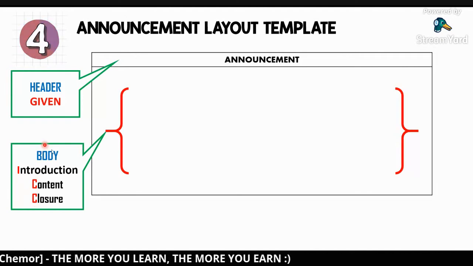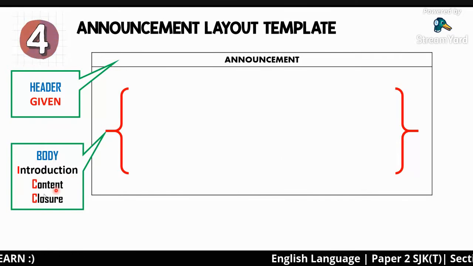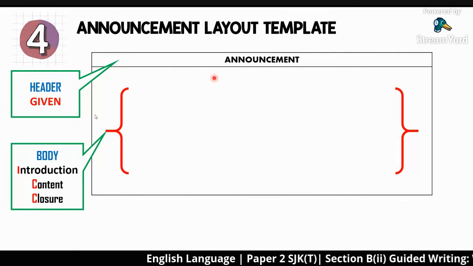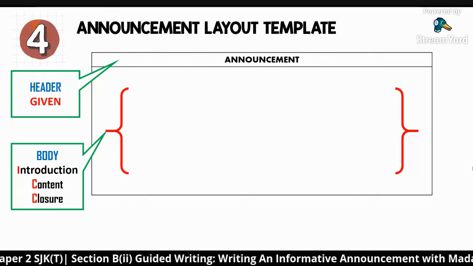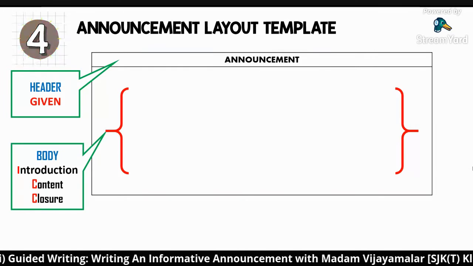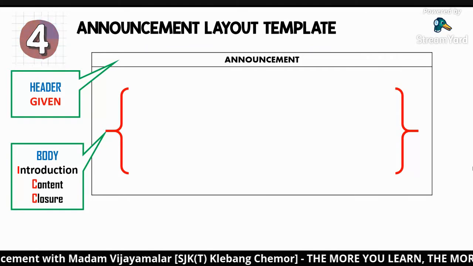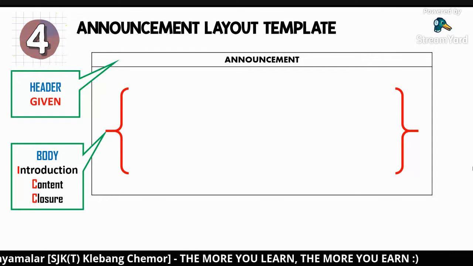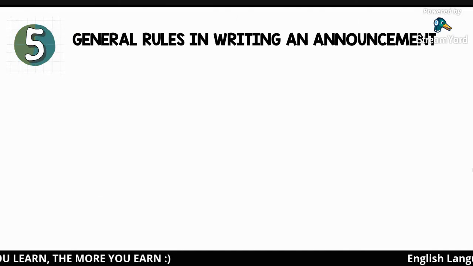This is where in the body you're going to have all these. There is not a specific format for it, but this is how the layout is going to be. Okay, did you get that? Now let's go to the next one.